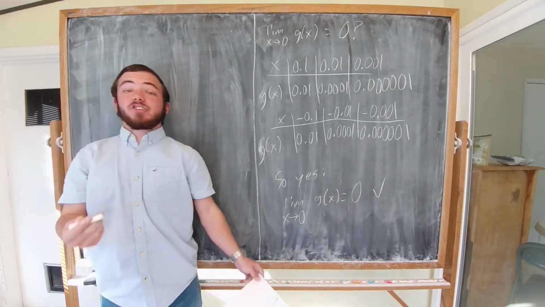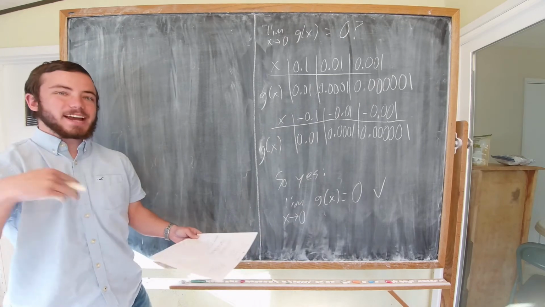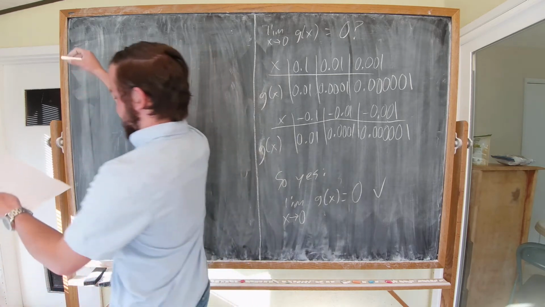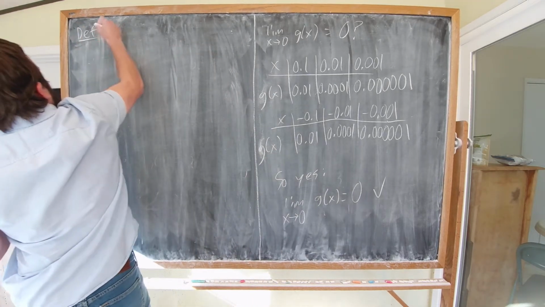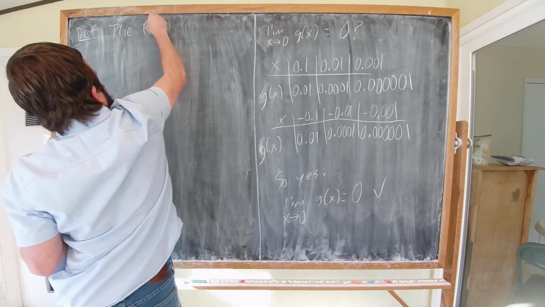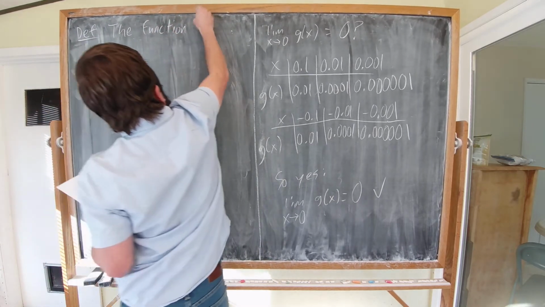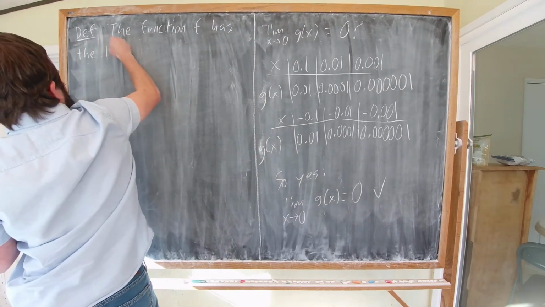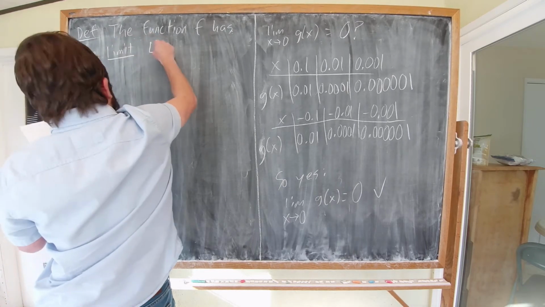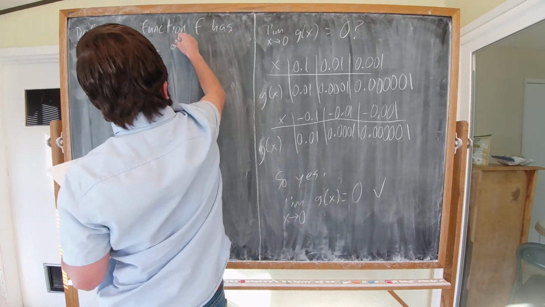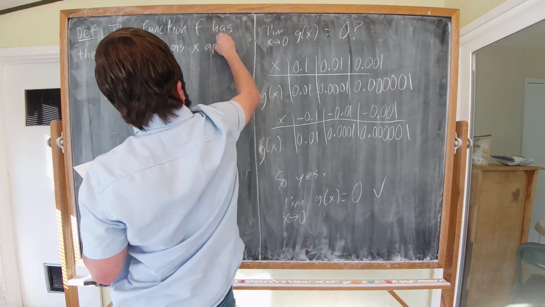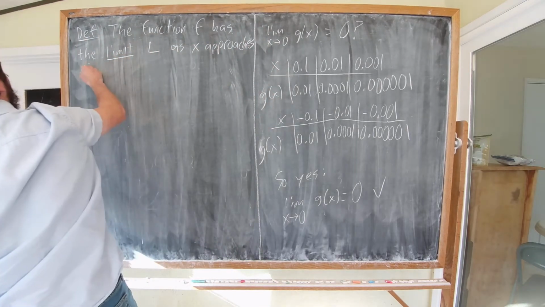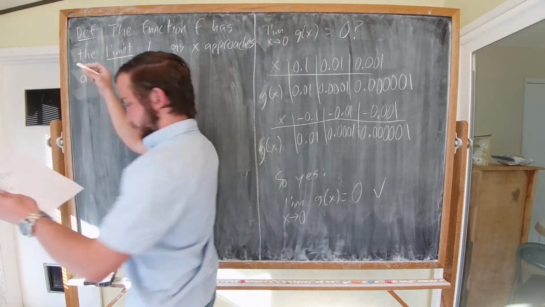So, the formal definition of a limit is a bit technical. Don't worry, we'll go through it and say it a little more casually after we say the kind of hard version. The function f has limit, or the limit, L as x approaches a, where a is just some number.